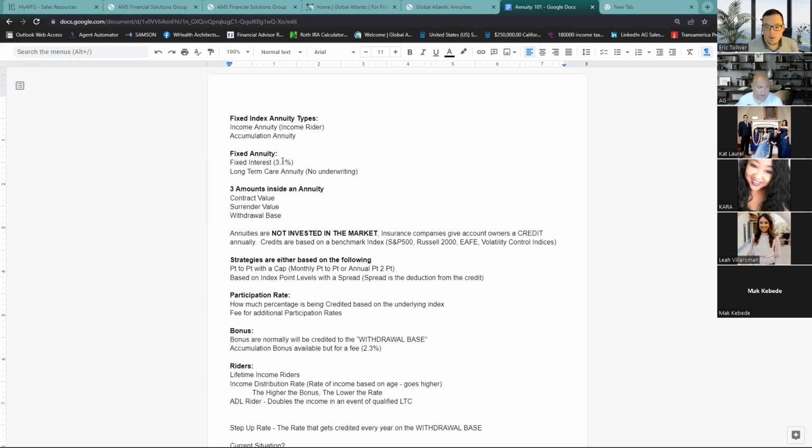And the second one under fixed annuity is the long-term care annuity, which means, and you guys know how this works, but for those of you who don't, basically the money they put in there, when they put it there, it'll either increase to twice the amount or three times the amount. Okay, I've done two of these, and both of them got three times the amount.